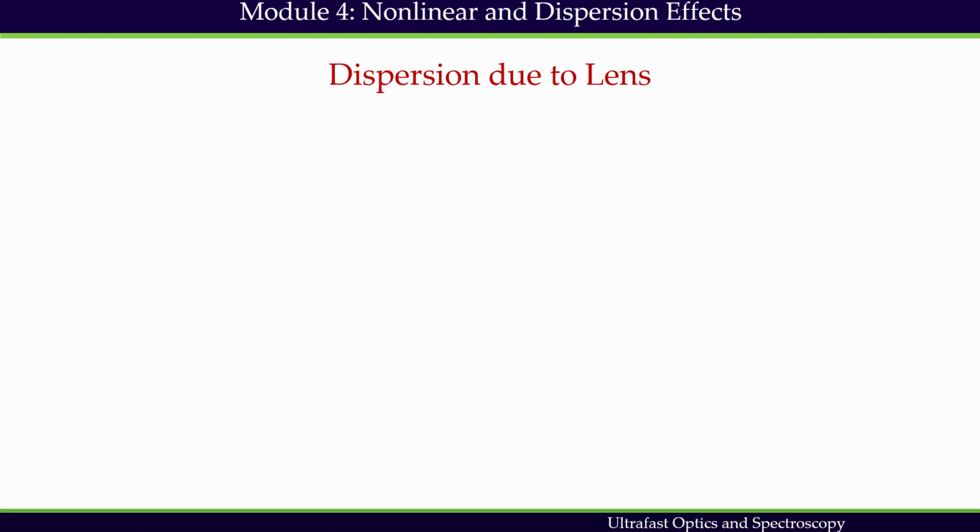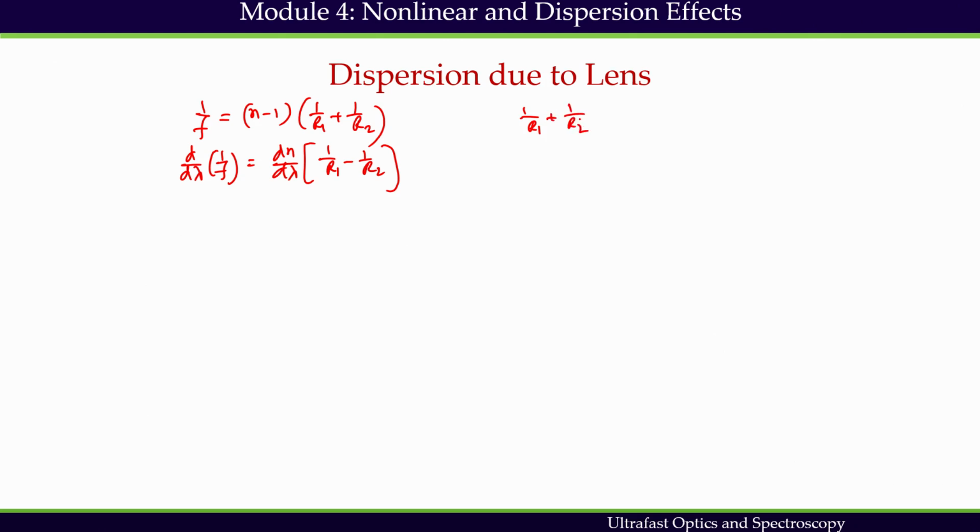We know the lens maker's formula is 1 by f equals n minus 1 multiplied by 1 by R1 plus 1 by R2, and if we take the derivative with respect to d lambda, then what we get is dn d lambda multiplied by 1 by R1 plus 1 by R2.